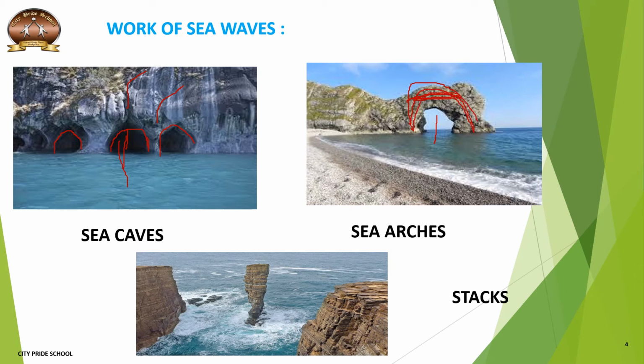like an arch kind of thing. You see near the temples and all, you find it. That is human made, built, but this is naturally formed by the sea waves. Then what happens? Now continuously the sea waves are striking. First they make caves, and then from these caves only the roof is left, and then gradually the roof also collapses.